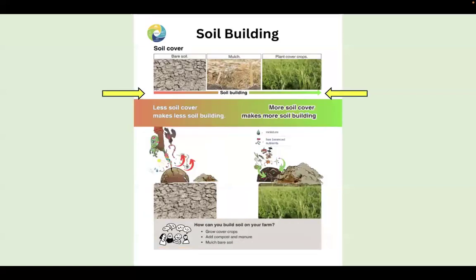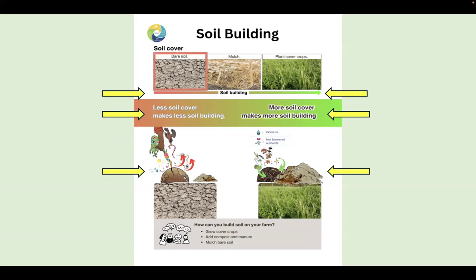Soil building. When you have less cover on your soil, it makes less soil building. When you have more soil cover, you make more soil building. Notice here on the left that the soil that is not covered loses water, is hard. And when you have on the right more soil cover, your soil is better able to manage moisture, has balanced nutrients, and when it rains, it will not wash away.